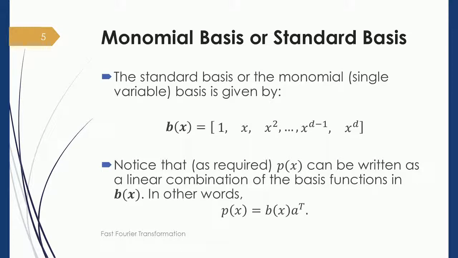So, the basis must comprise d plus 1 vectors, and vectors in this vector space are themselves polynomials, and in particular we choose the monomials. The first monomial is x raised to the power 0, which is 1. The second monomial in the basis is x raised to the 1, and then x squared and so on up to x raised to the d.